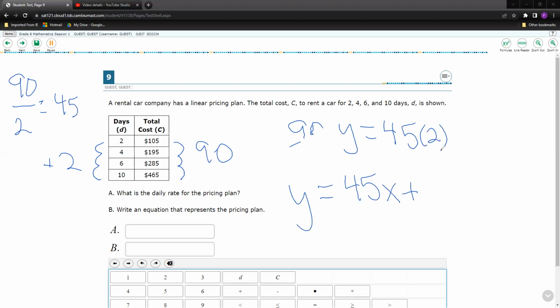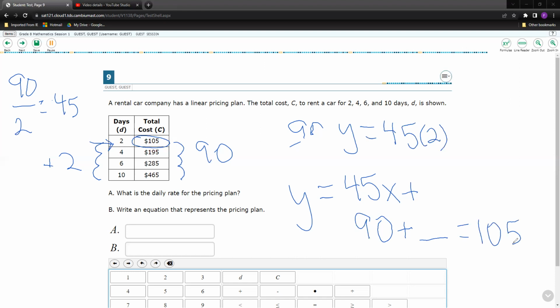If I use the value 2 for x, what should be the result when I use 2 as the input and run it through my function? And what do I get as an output? We multiply 45 times 2 and we get 90. 90 plus a certain number has to give me 105, because that's the value that I have for 2.